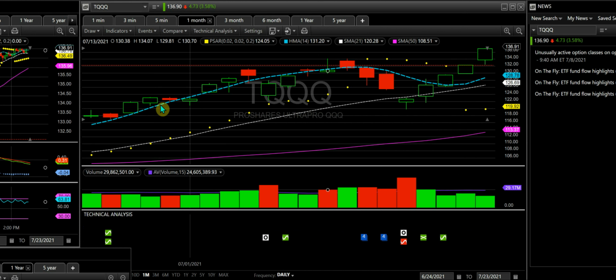If you're a swing trader, let's look at my HMA 14, this blue dotted line. Now you know if it's touching it in an upward trend, or if it's over it, the candle patterns, then I'm buying. If it's under it, I'm selling. And over here, it just recently became a buy again. Also, the PSARs, the yellow dots: if they're under the candles, it's a buy.